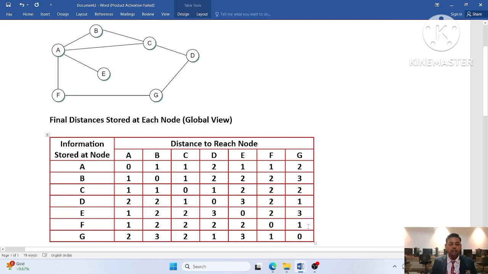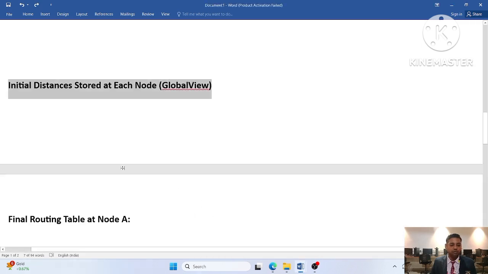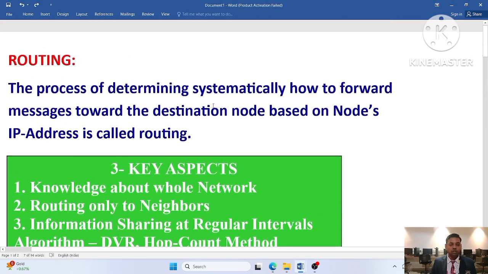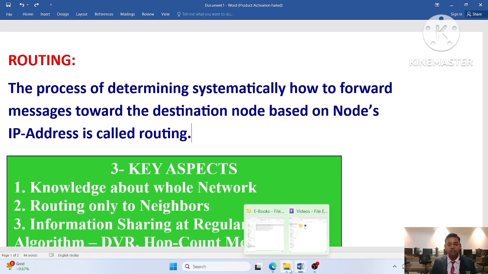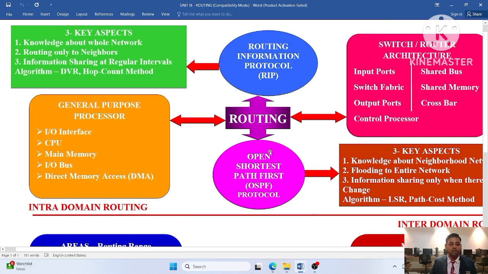With this, the tracing of the distance vector routing is completed. And you have to remember what all the things we have learned. While answering in the examination also, you have to be very specific. First you need to write the definition of routing and what are the types of routing available.